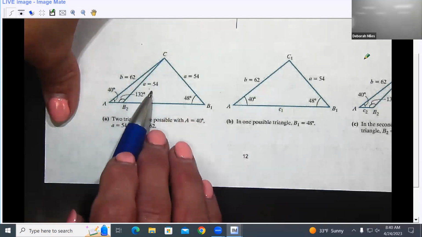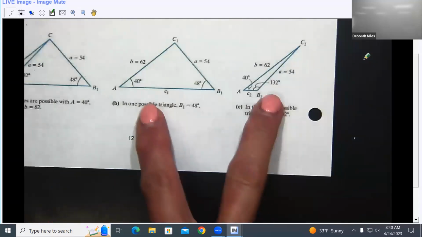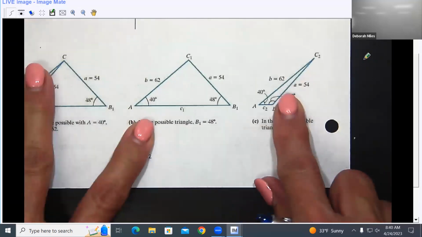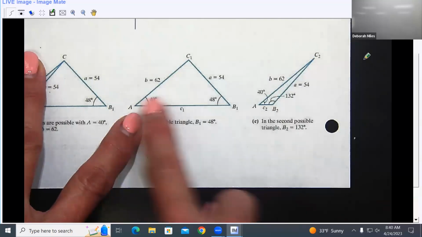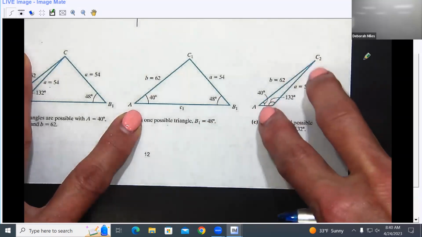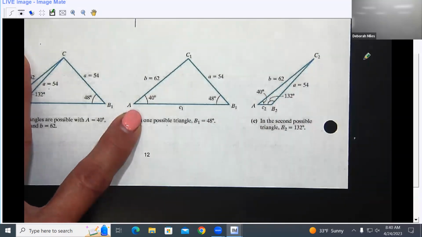That side A was long enough to cause there to be two triangles. In part B and part C here, I have the two triangles split out. So you can see that one of them is a triangle with 3 acute angles, and then one of them is a triangle with 2 acute angles and one obtuse angle.